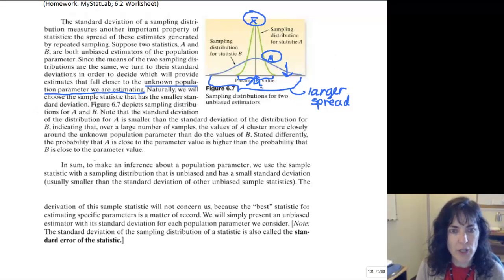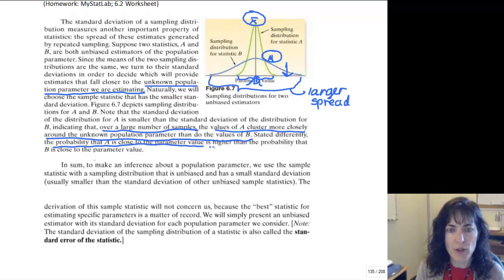And here we have a picture of what we're talking about. Over a large number, and this is what you have to understand, over a large number of samples, the values of A cluster more closely around the unknown population parameter than do the values of B. So the probability that A is close to the parameter value is higher than the probability that B is close to the parameter value.